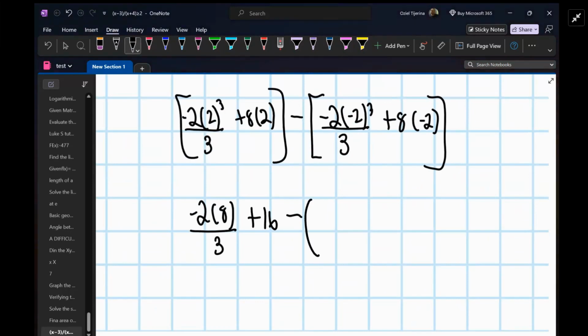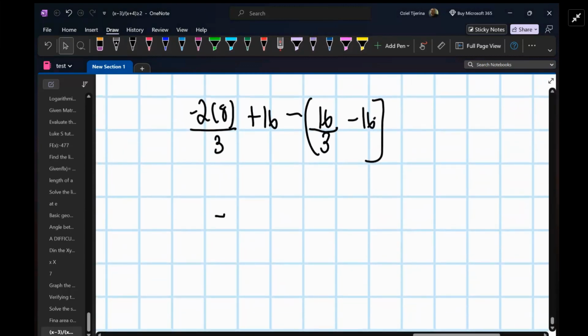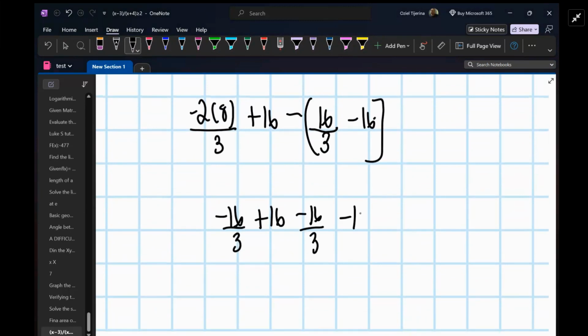negative 16 over 3, I believe. Negative 2 times negative 8 over 3 is 16 over 3, minus 16. So it's going to be negative 16 over 3 plus 16 minus 16 over 3, plus 16, because it distributes.